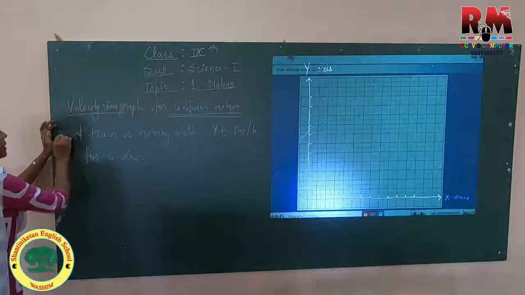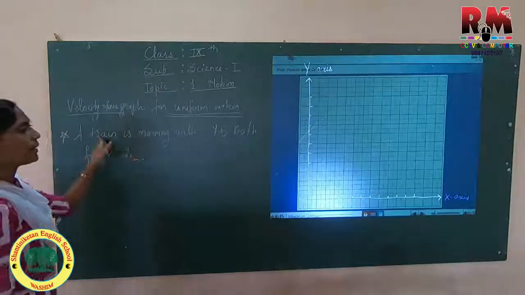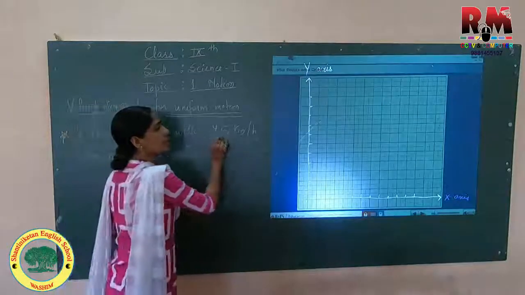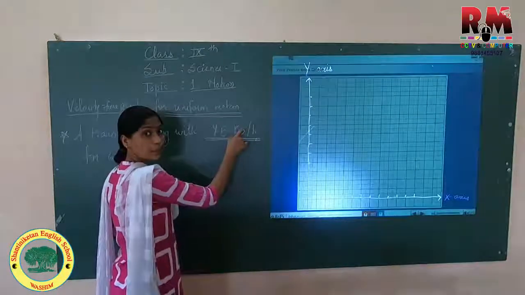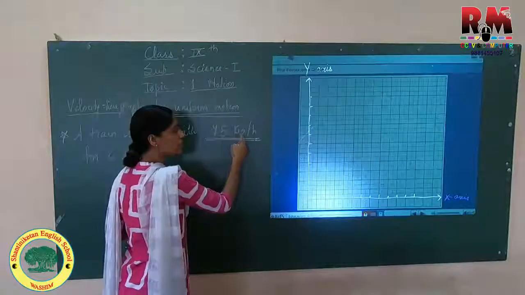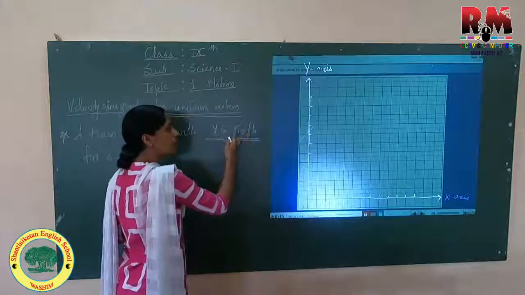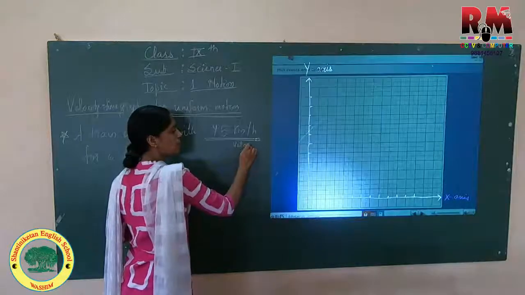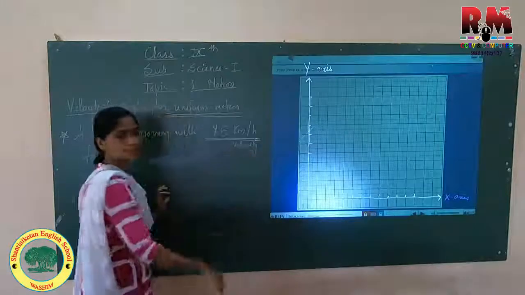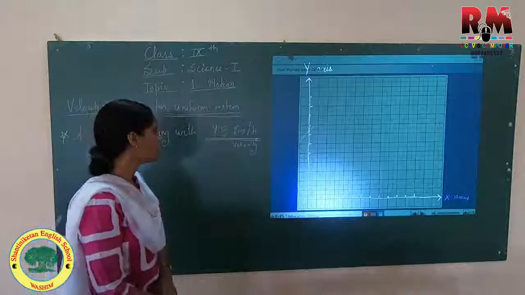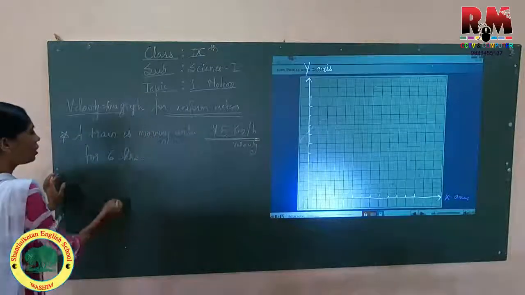A train is moving with 75 kilometer per hour. Kilometer per hour means this is the velocity given to you. 75 kilometer per hour for 6 hours.